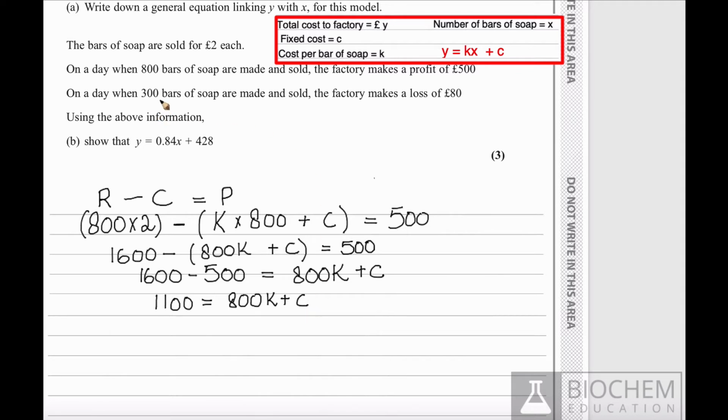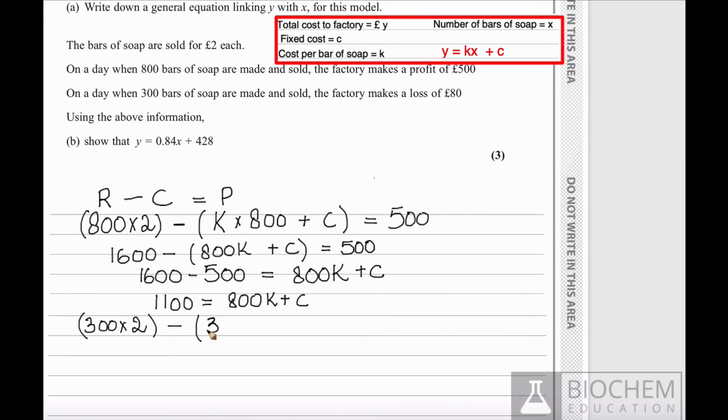So the same formula can be applied to 300 bars of soap. So we can say revenue minus cost is equal to profit. What's the revenue of selling 300 bars of soap? 300 times 2 is the total revenue, minus, so what is the cost? It will be 300, because x is now 300, times k.